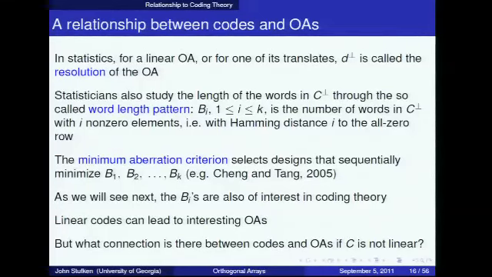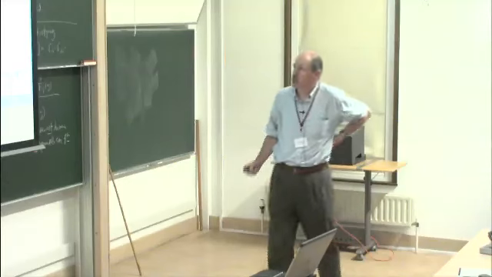So in statistics, for a linear orthogonal array, or for one of its translates, this number d-perp is actually called the resolution of the orthogonal array. So there's an immediate relationship there between the concepts that come up in coding theory and that come up in statistics.